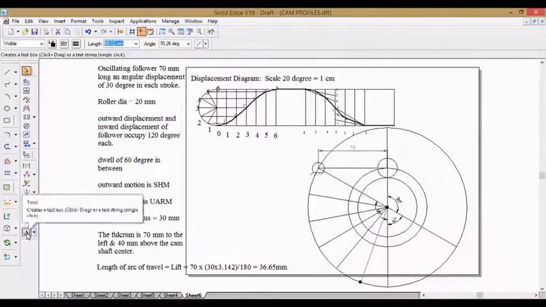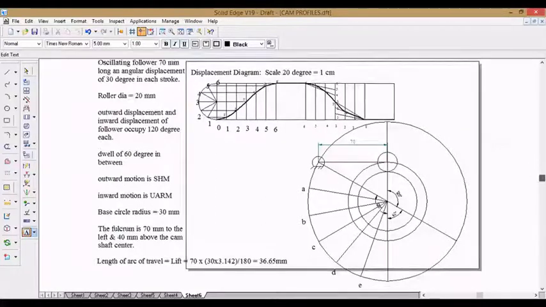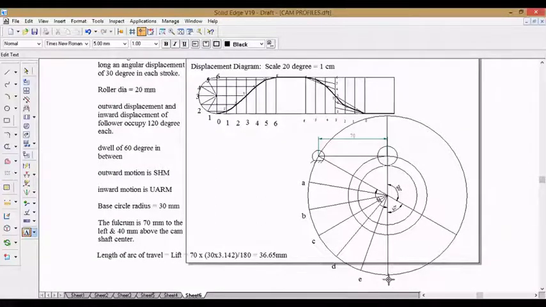So this gives you now, let us call this as A, B, C, D, E, and F. This is the outstroke SHM. Don't draw this line, just get the points A, B, C, D. Understood?